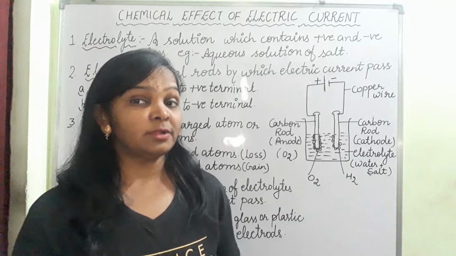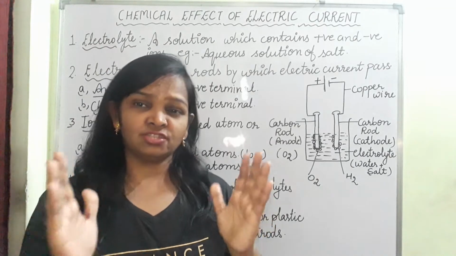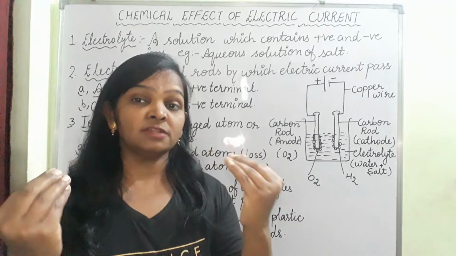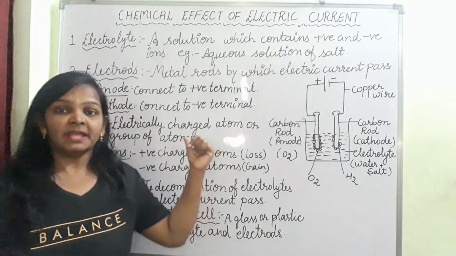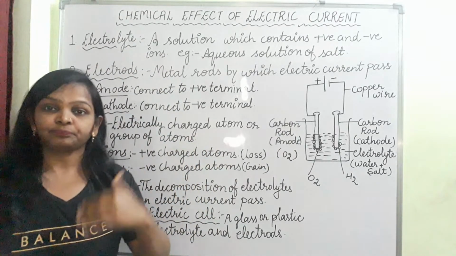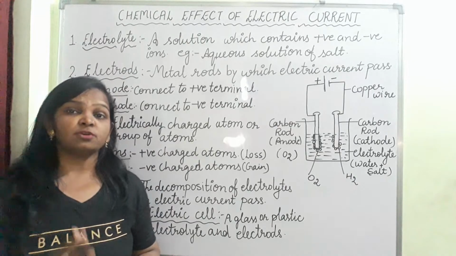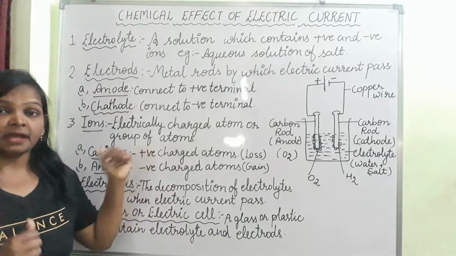So the next important term is ions. When electrodes are connected to the battery, they decompose, and they lose or gain electrons. If they lose electrons, they become positively charged ions. Positively charged atoms or groups of atoms are known as cations.